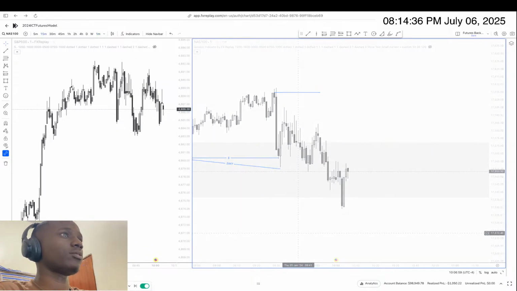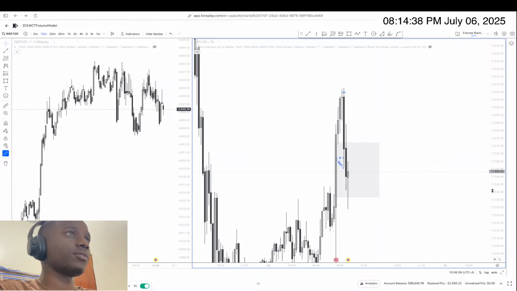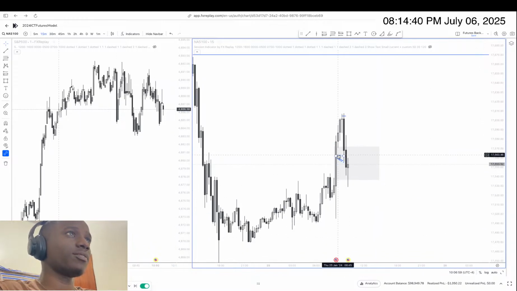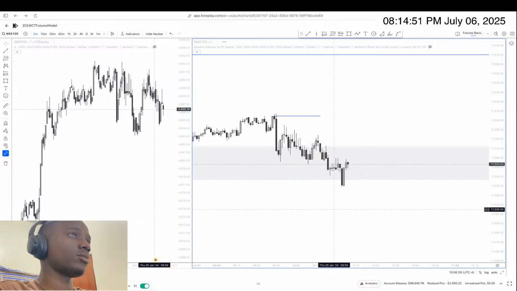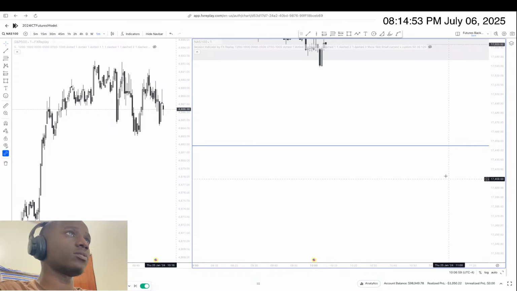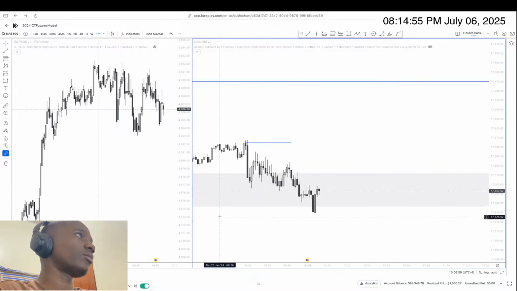And going further, the 15-minute, you can see we dropped even further into the gap. So going 5-minute, see we reached these sort of blocks here, and I don't think we formed any kind of SMT here.